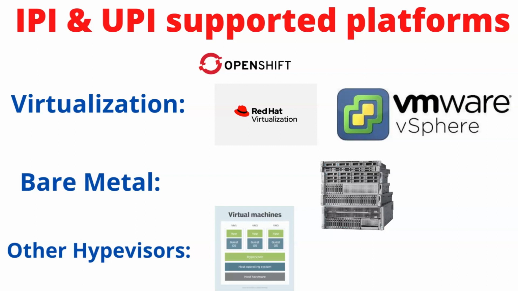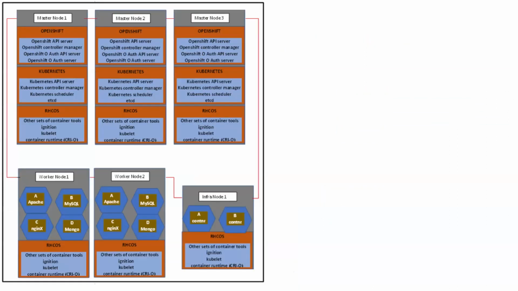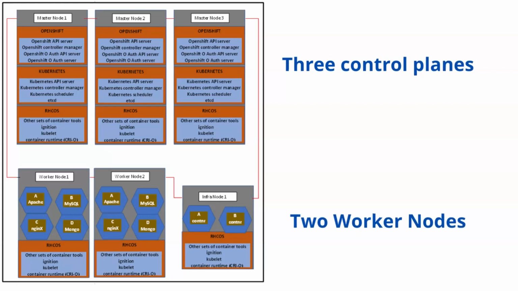So moving forward, like I said in the previous lesson, when we were talking about the architecture of OpenShift, you must have a minimum of 3 control planes and a minimum of 2 worker nodes to be able to install the OpenShift cluster.